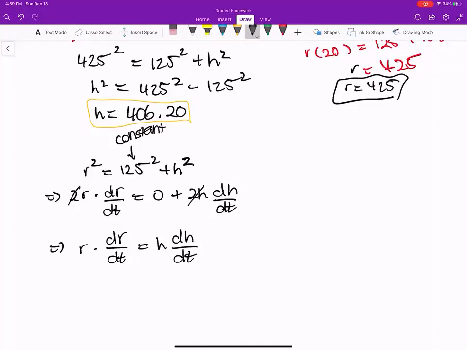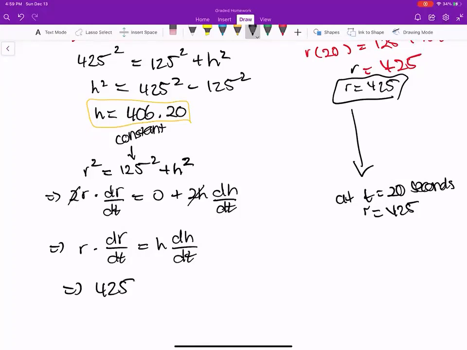We want to solve for dh dt. We know our r, which we calculated at t equals 20 seconds. R equals 425 from here. Remember, dr by dt is 15 by a given, so 425 times 15 equals h times dh by dt.